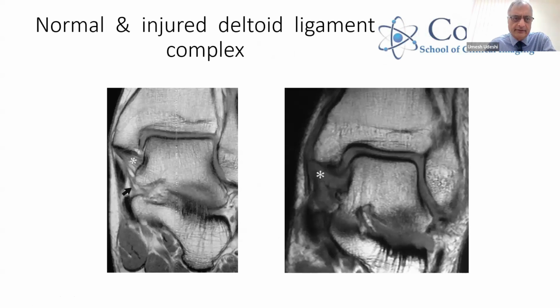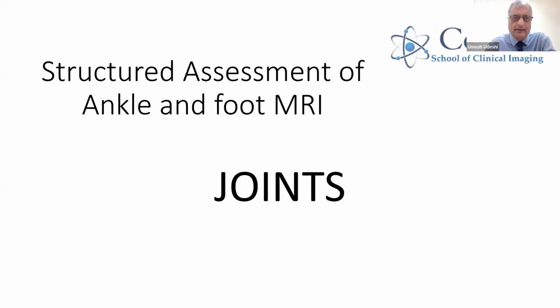So coronal images, here's the posterior tibiotalar ligament, and again, you've got some fat within it, so that's normal in appearance. But here, it's all gray, it's markedly thickened. You can't see individual fibers like you can on the normal side, and that's a chronically injured posterior tibiotalar ligament.